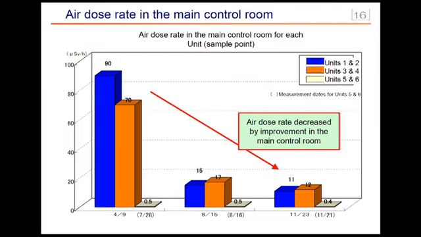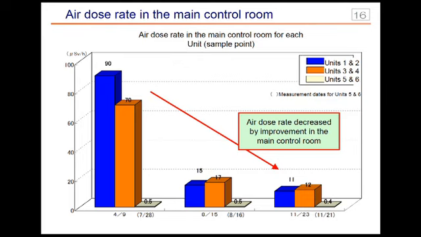Besides, this is a situation in the building and the place where the second floor at the main anti-earthquake building, the so-called Technical Support Center, is installed as shown on page 16. The maximum air dose when the first measurements were conducted on March 15th was 380 microsieverts per hour, and it decreased to 6.3 microsieverts per hour.